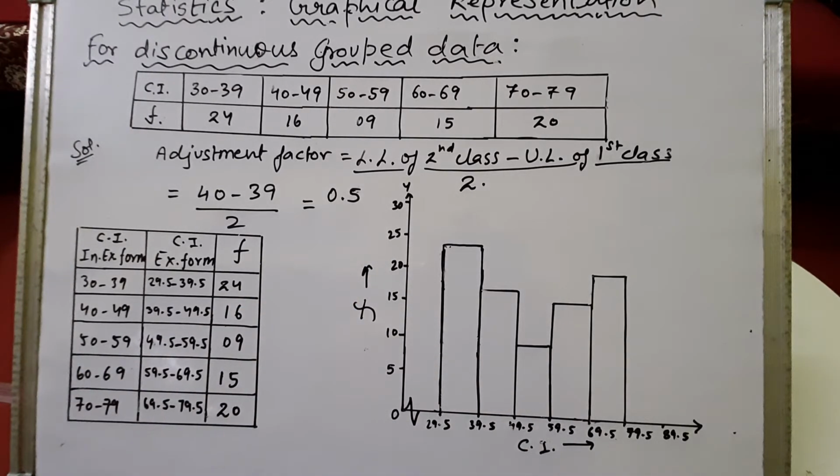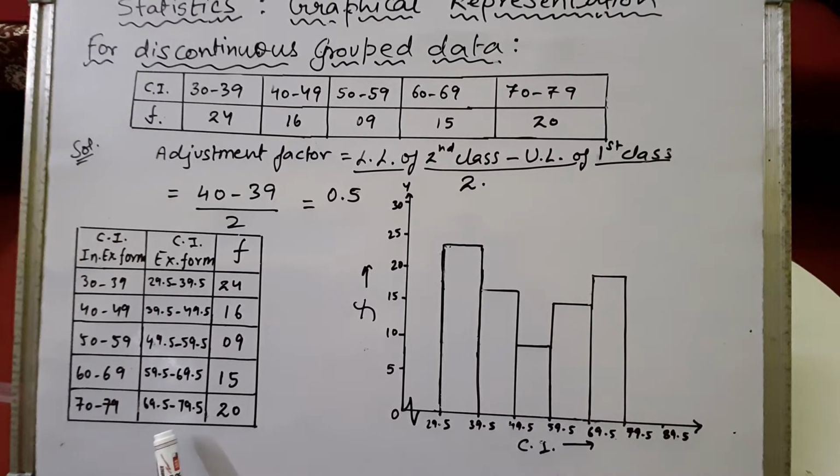Okay. Now let's see this table, where we have calculated the adjustment factor. In the first column, the class interval is given in inclusive form, right? This is the non-overlapping class interval mentioned in the question. Now we are converting this inclusive form into exclusive form.